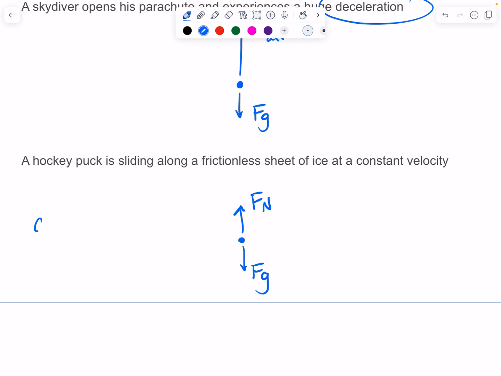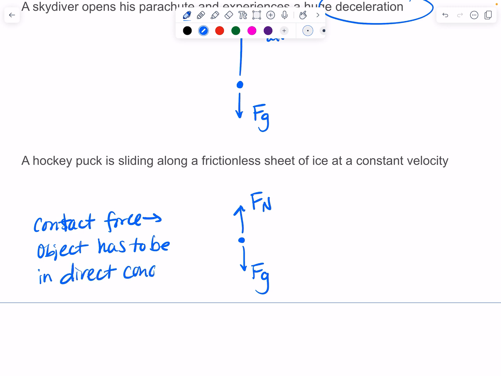So for a contact force, the object has to be in direct contact, in this case, with the stick. So once that puck leaves the stick, it's no longer exerting a force on the hockey puck. So even though it's moving forward, this would be the appropriate force diagram for that situation.